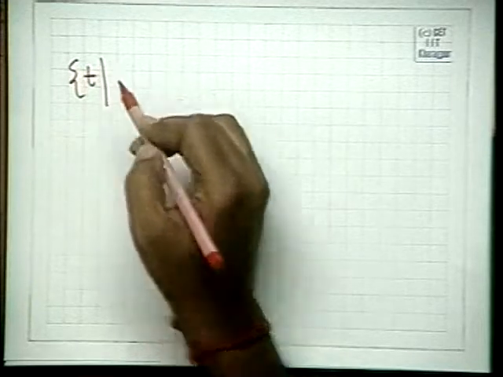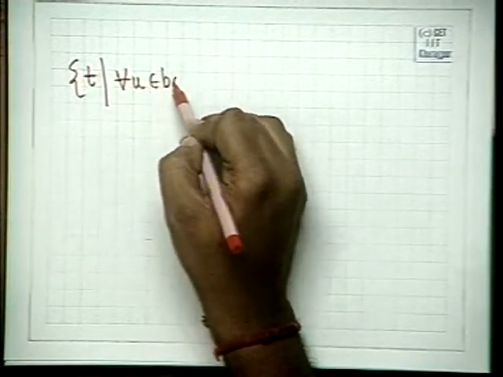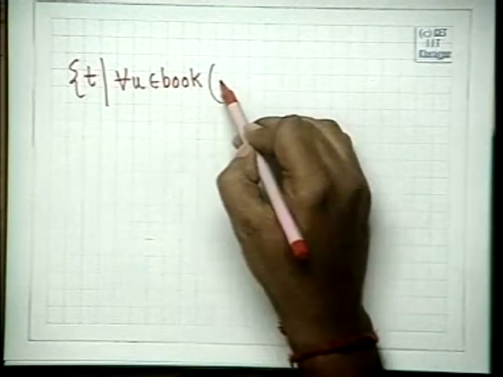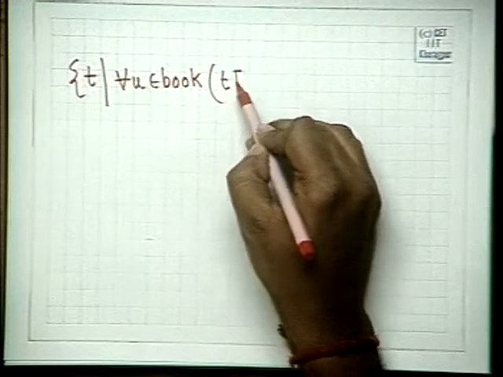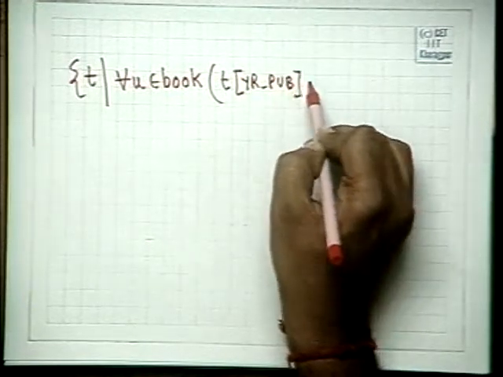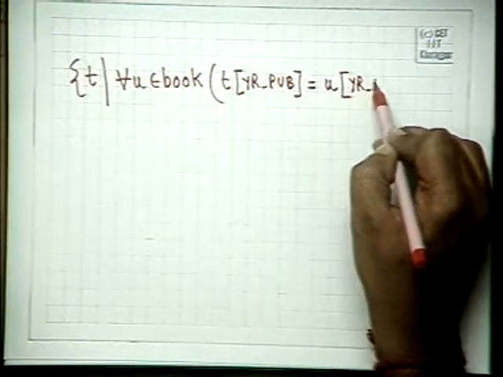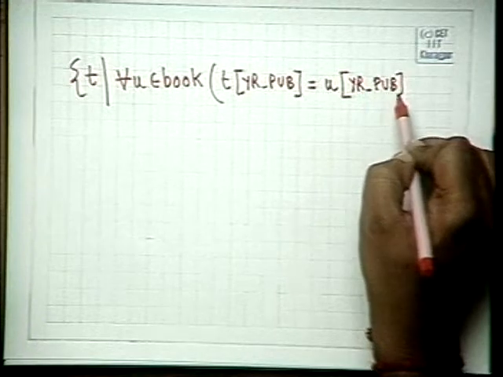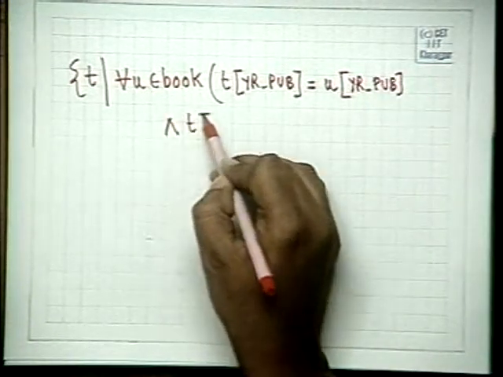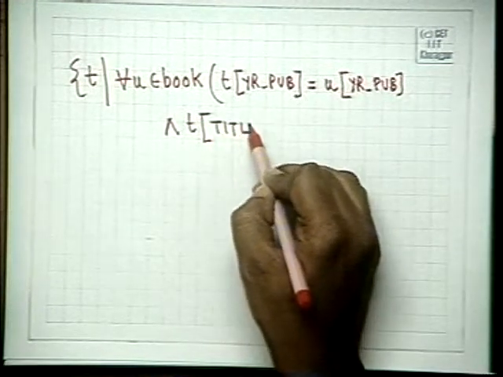T, for all U element of book, T of year of publication is equal to U of... Let us see what this looks like, what this means.